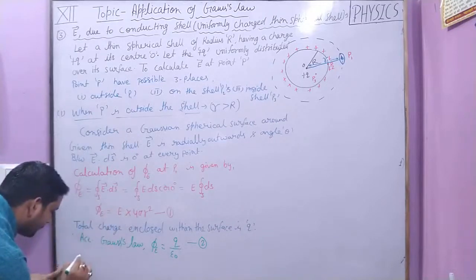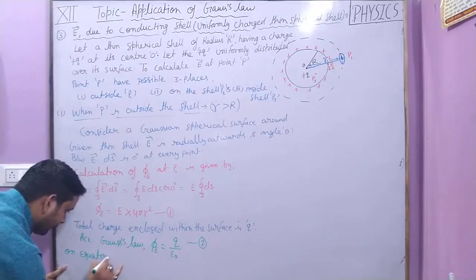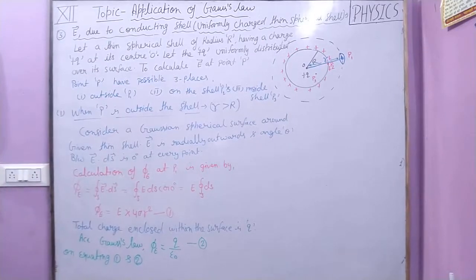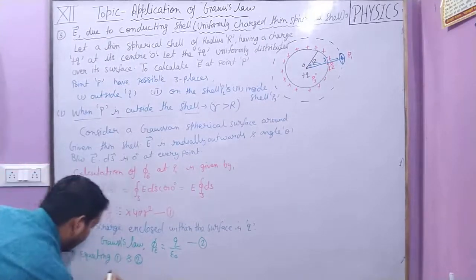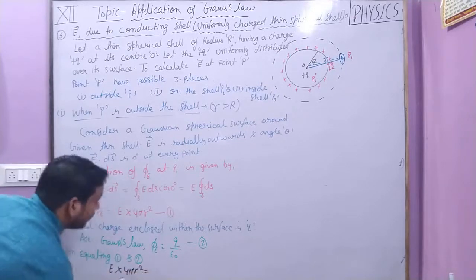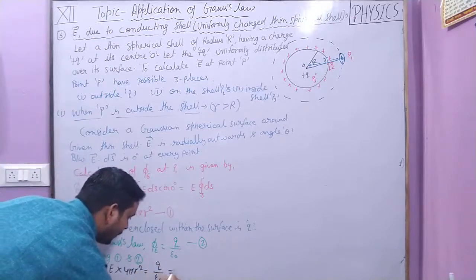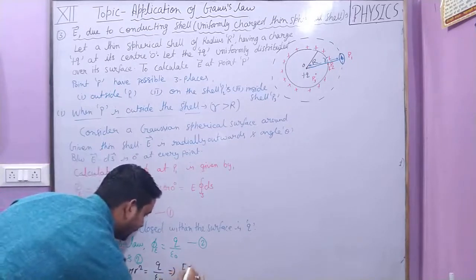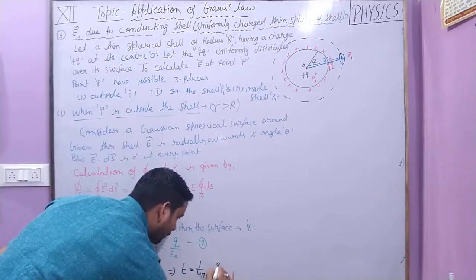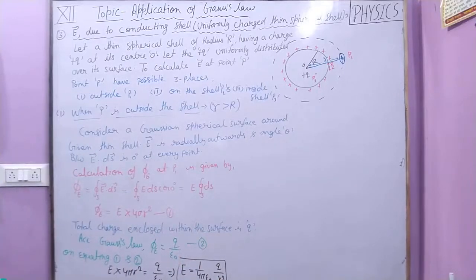Now on equating the first and second equation, we get E into 4 pi r square is equal to Q upon epsilon naught, which gives E is equal to 1 upon 4 pi epsilon naught Q upon r square.